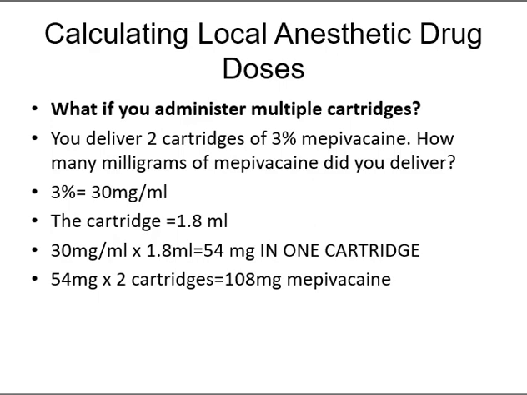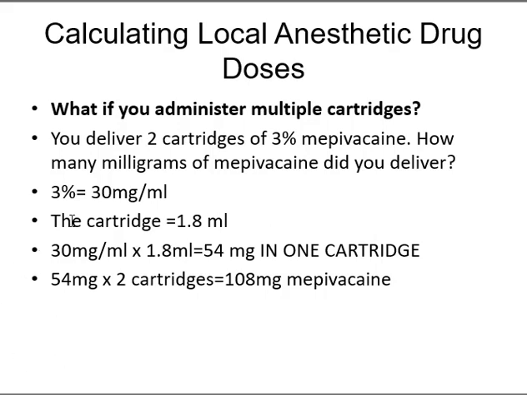Now, how can we figure out how many milligrams we've delivered if we deliver more than one cartridge or we deliver half a cartridge? So here we're administering multiple cartridges. You've delivered 2 cartridges of 3% mepivacaine. How many milligrams of mepivacaine did you deliver?